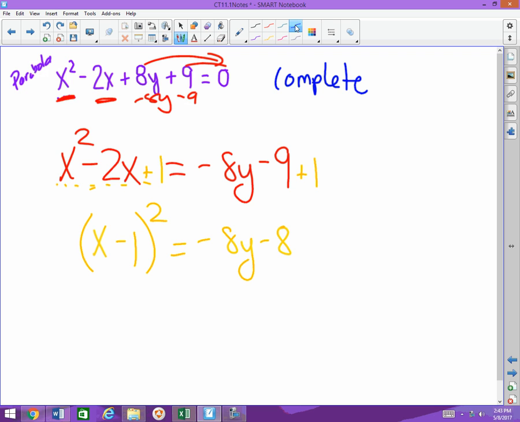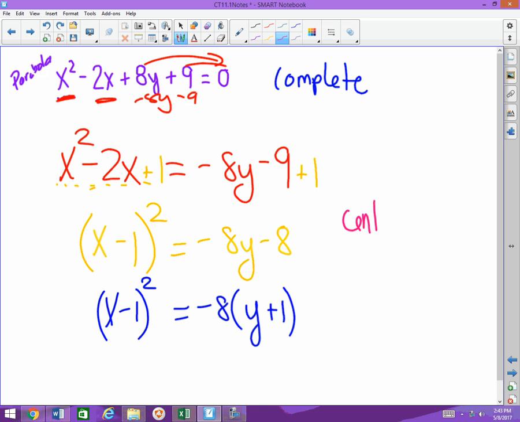Now to get it in proper form, that has to be factored out, so it's a negative 8 times y plus 1 equals x minus 1 squared. That tells us that our center is at 1, negative 1.